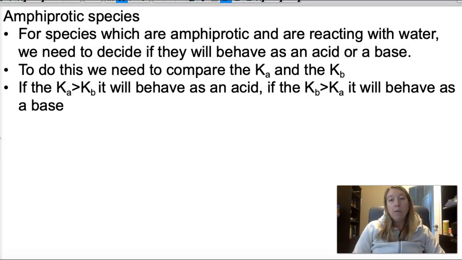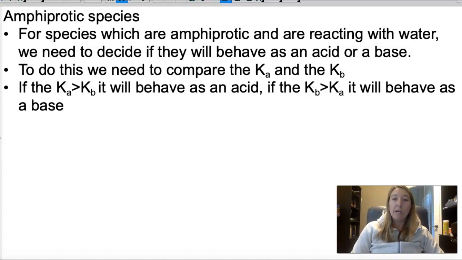Okay, so what I'm going to have to do is basically compare the Ka and the Kb, right? So if I was looking at, I don't know, what's a good example? Let's say HPO4 2-, right? It could be an acid because it still has an H, but it could be a base because it has two negatives.